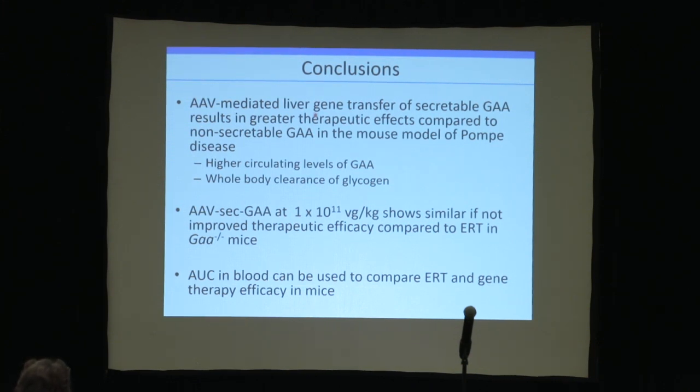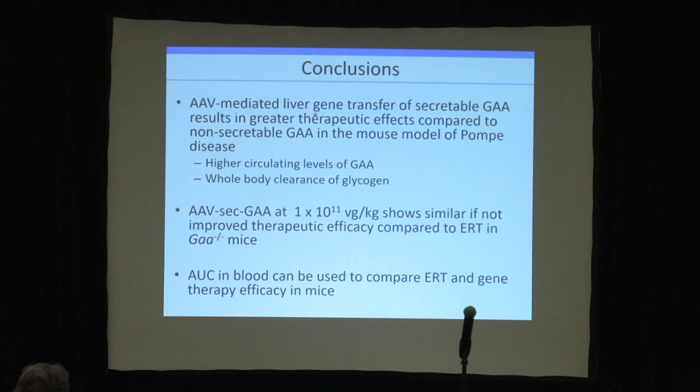And with this approach, we obtained higher circulating levels of GAA and also a whole body clearance of glycogen. Also, one thing that really is important to say is that we were able to compare ERT with our secretable GAA gene therapy approach, and we observed a similar efficacy, if not an improved therapeutic efficacy, at 1 times 10 to the 11 Vg per kilogram, which is a pretty low dose in gene therapy.